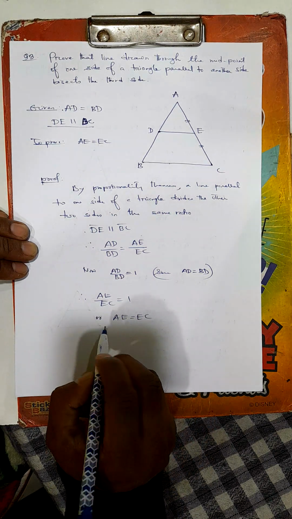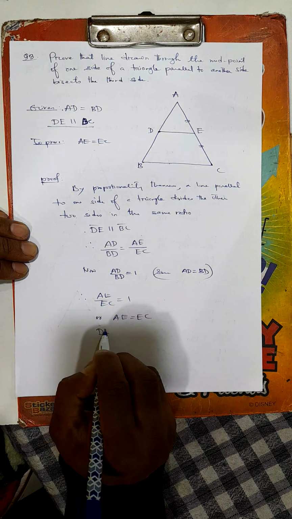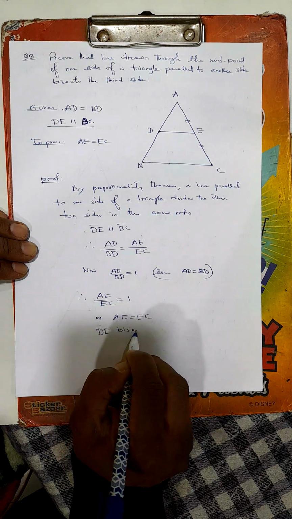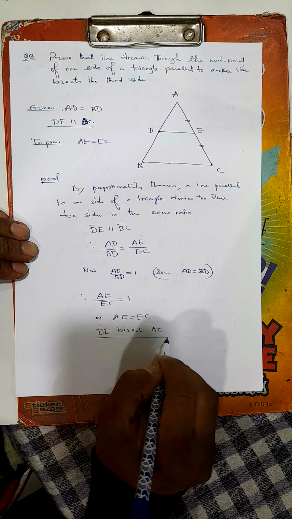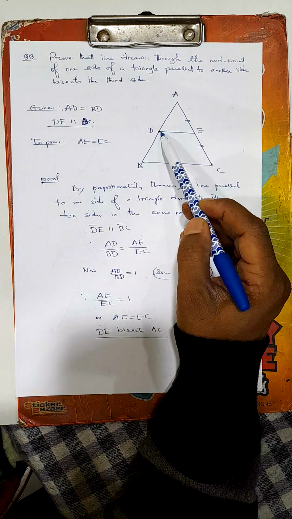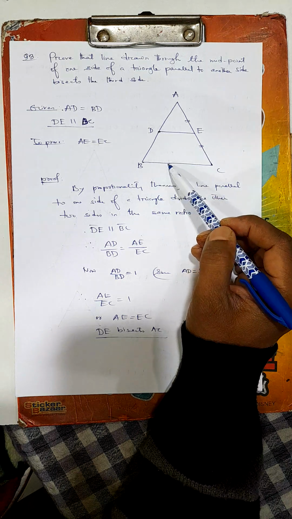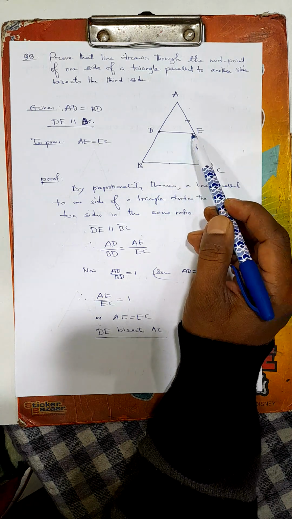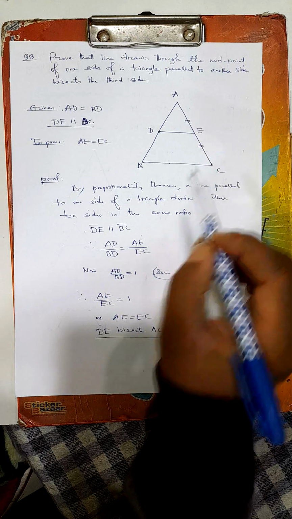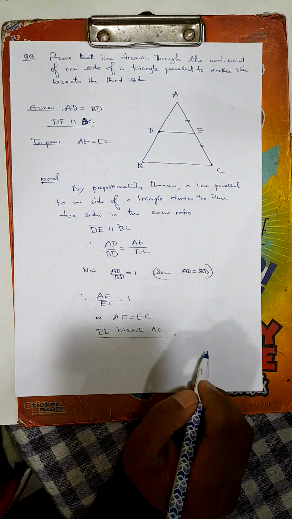So AE equals EC means DE bisects AC. That means this line drawn from the midpoint of AB parallel to BC bisects the third side AC. So this has to be proved.